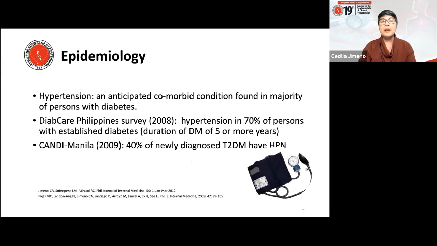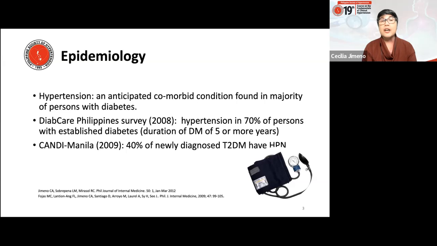So first, let's talk about the epidemiology of hypertension in diabetes. Hypertension is in fact so common among persons with type 2 diabetes that it's already an anticipated comorbid condition. In the DiabCare survey in 2008, we found hypertension in 70% of persons with established diabetes, especially type 2 diabetes in the Philippines.